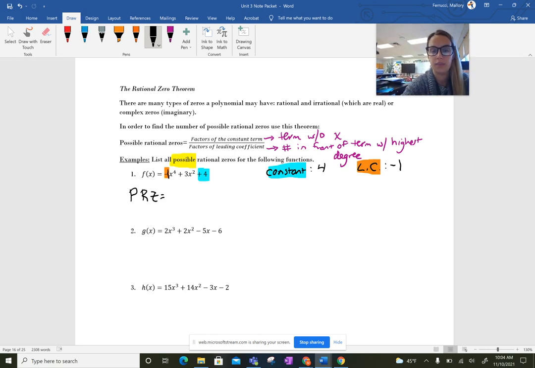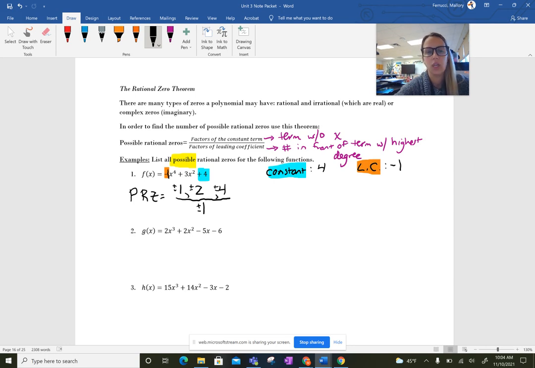So the factors of 4 are 1 with 4, and then 2 times 2. And like I said, all of these have a plus or minus sign in front of them. We divide it by the factors of negative 1. So it's just 1, positive, negative.